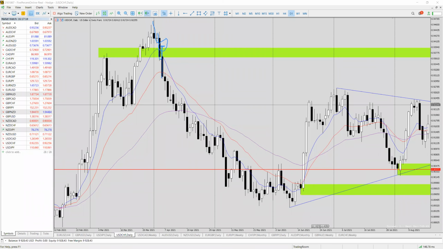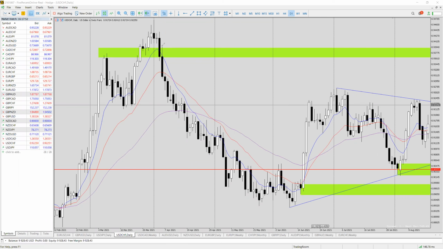So if I were to set a target for dollar Swiss for the long term, like days or weeks, somewhere around here or around here, these are great points where sellers could be waiting. Always pay attention to these areas, because these are the real decision points of the buyers or the sellers, in this case the sellers.